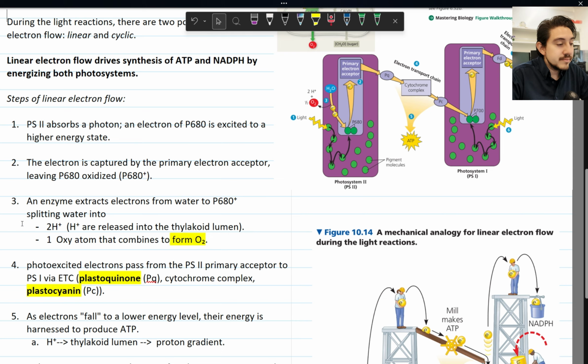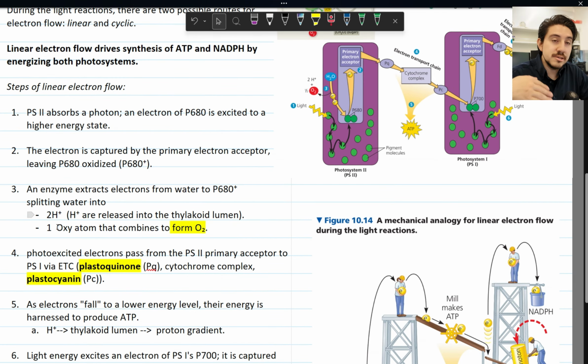An enzyme comes in and extracts electrons from water. So water is essentially split. It's broken apart into 2 hydrogen ions, which are released into the thylakoid inner space, and 1 oxygen atom is also liberated. And that immediately combines to form O2.